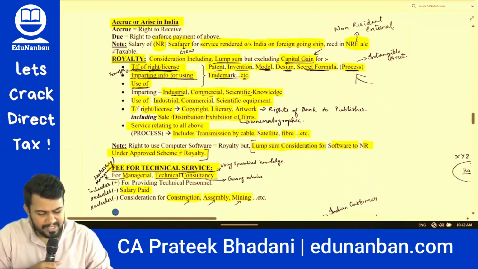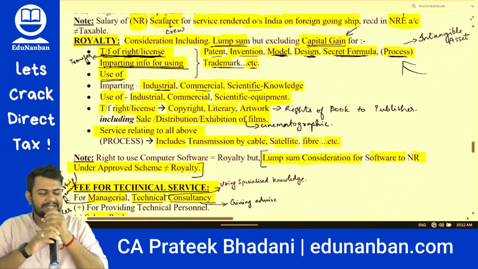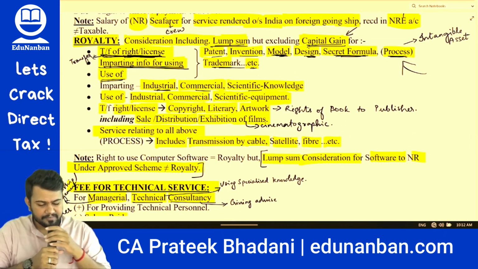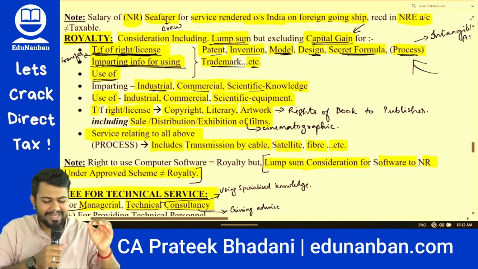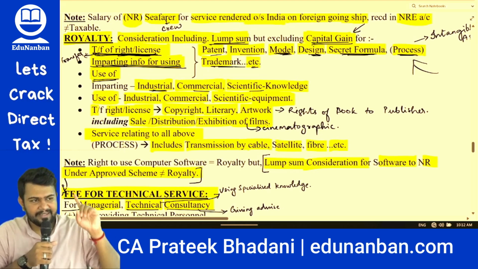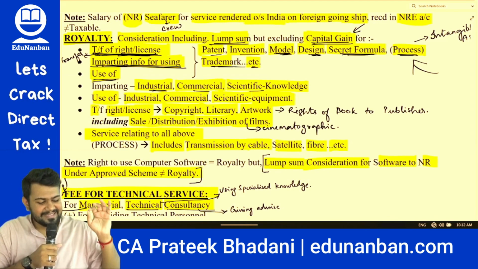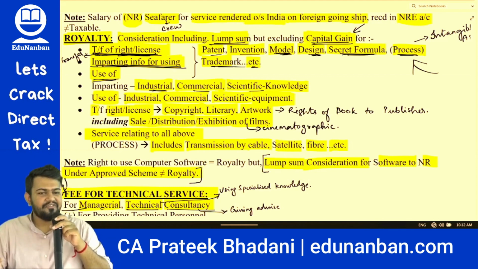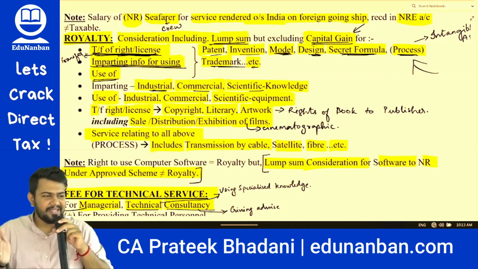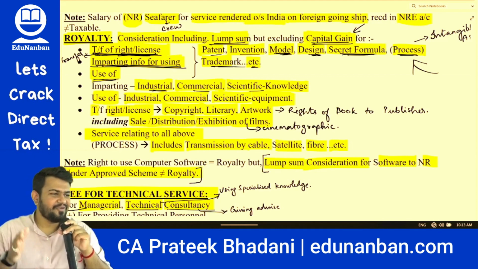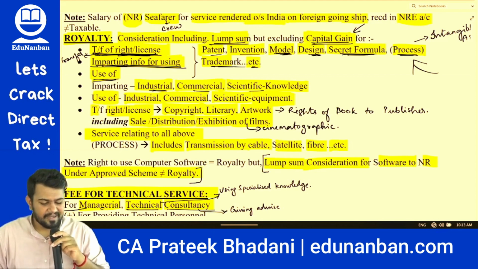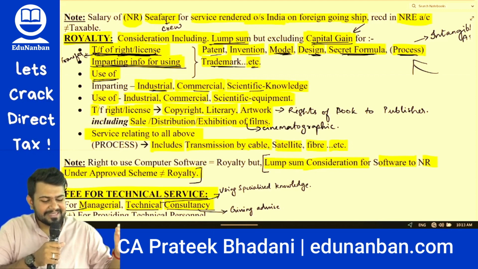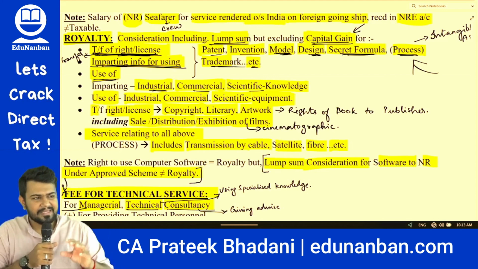Now, what is the meaning of royalty? Royalty means a consideration including lump sum consideration but excluding capital gains for transfer of right or license relating to a patent, invention, model, design, secret formula, process, trademark, etc. Then imparting information for using patent, invention, model, design, secret formula, process, trademark, etc. Number 3, using the patent, invention, model, design, secret formula, process, trademark, etc. So 3 points.